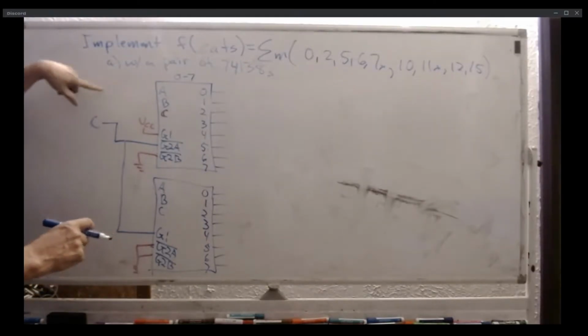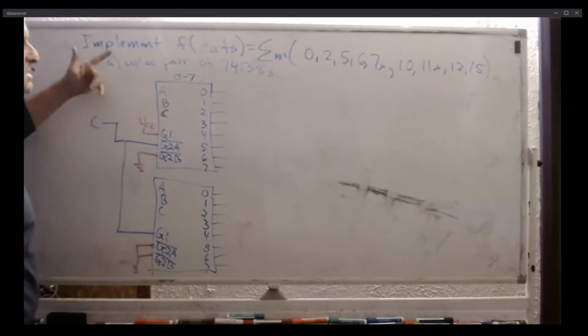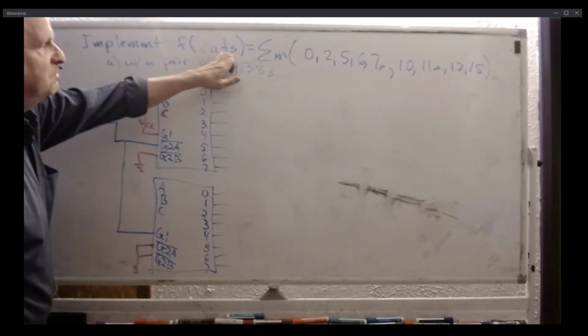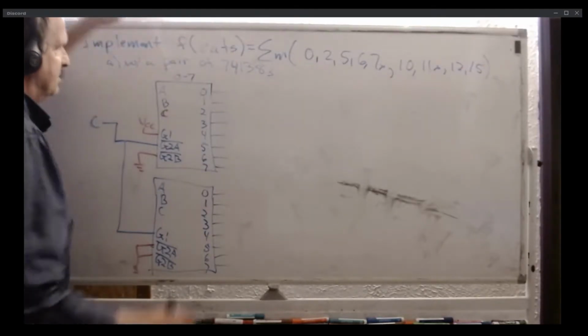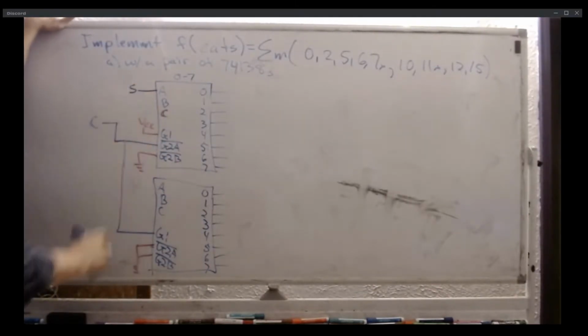So, if you remember, guys, A is the least significant bit of the select lines. Normally what you do is you tie the least significant bit in the domain, which is S, to the least significant bit in the select lines, just to make things simple.